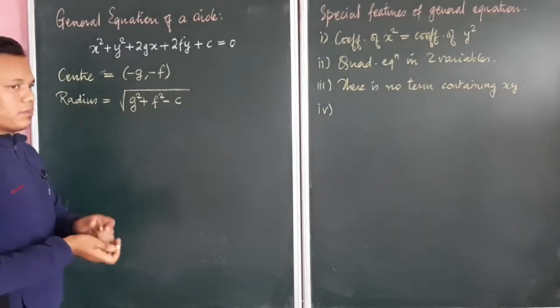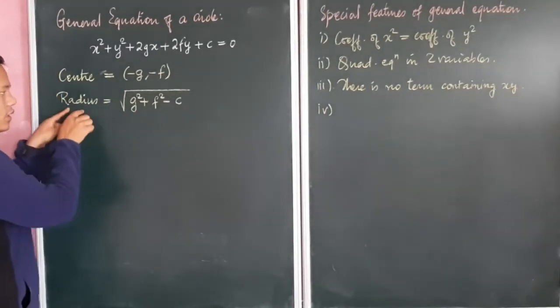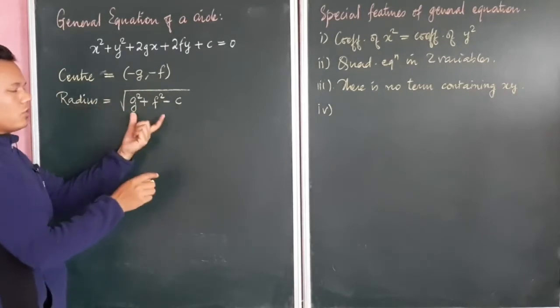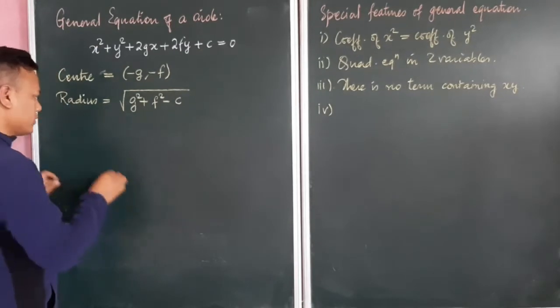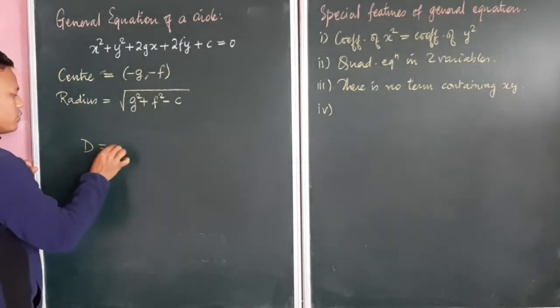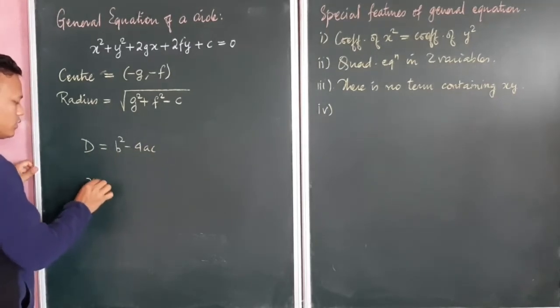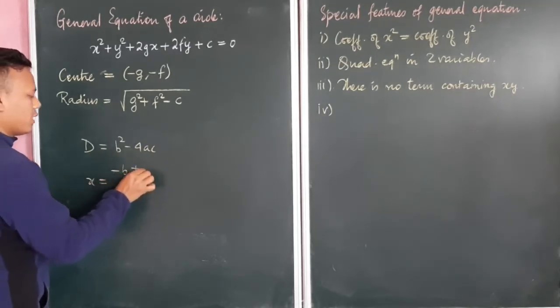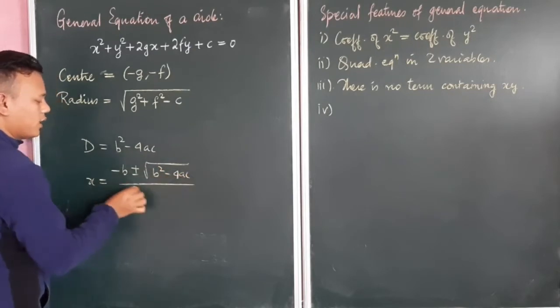Now let's go to the fourth one. For example, in the radius we have got a square root, right? So like you have done with quadratic equations in your junior classes, we know that the discriminant is given by b square minus 4ac, and the quadratic formula was minus b plus minus square root of b square minus 4ac by 2a.